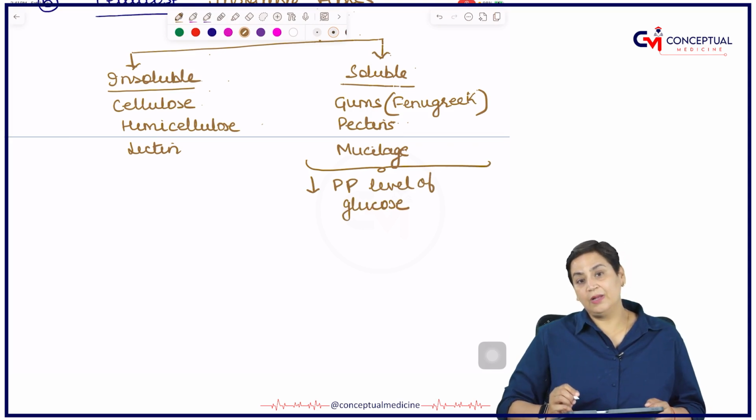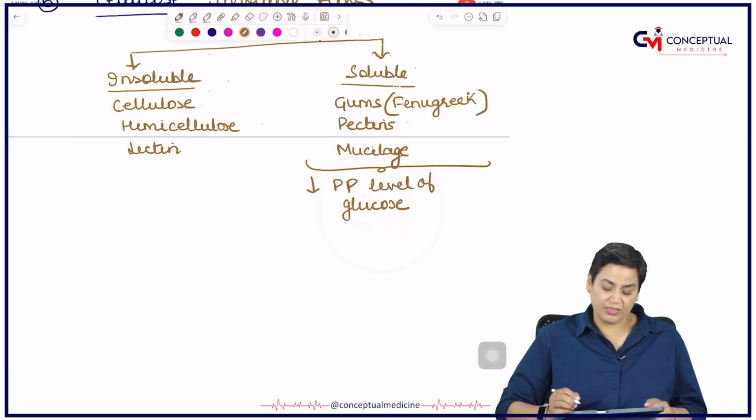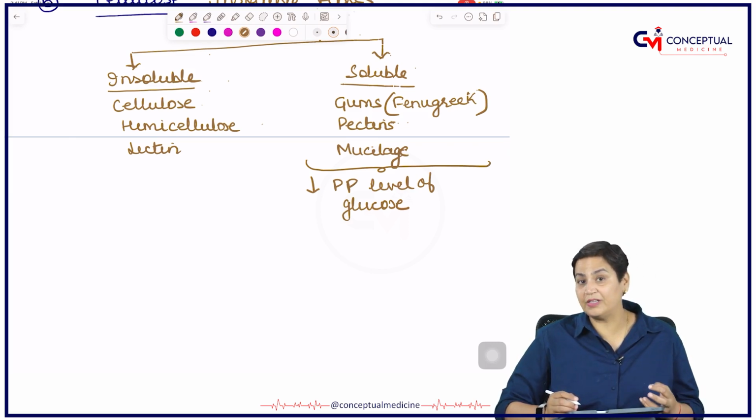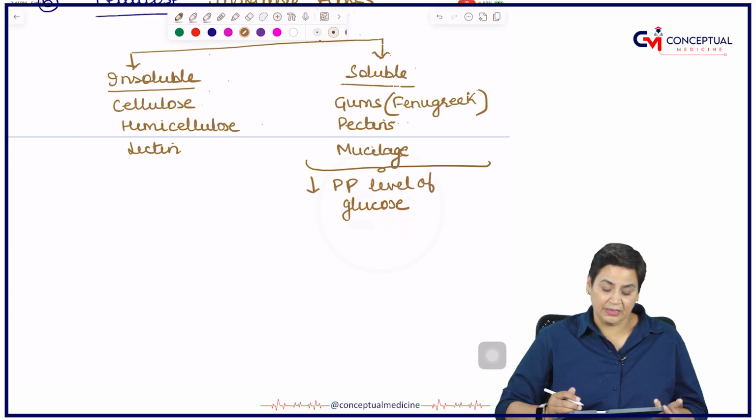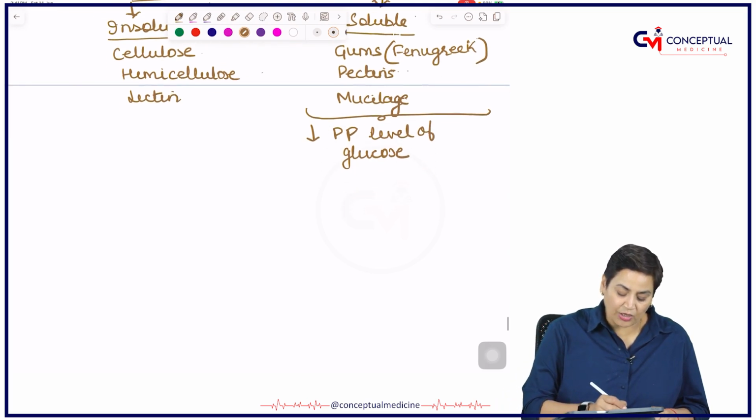Insoluble fibers also have to be added in the diet. What is the basic funda behind that? Because if we are having insoluble fibers, they cannot be digested in the body. Why? Because our body lacks the enzymes which can digest them. So cellulose cannot be digested.